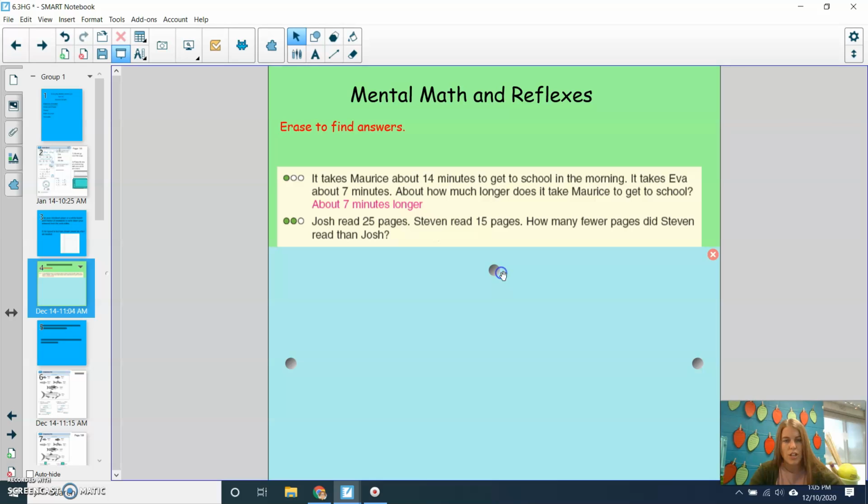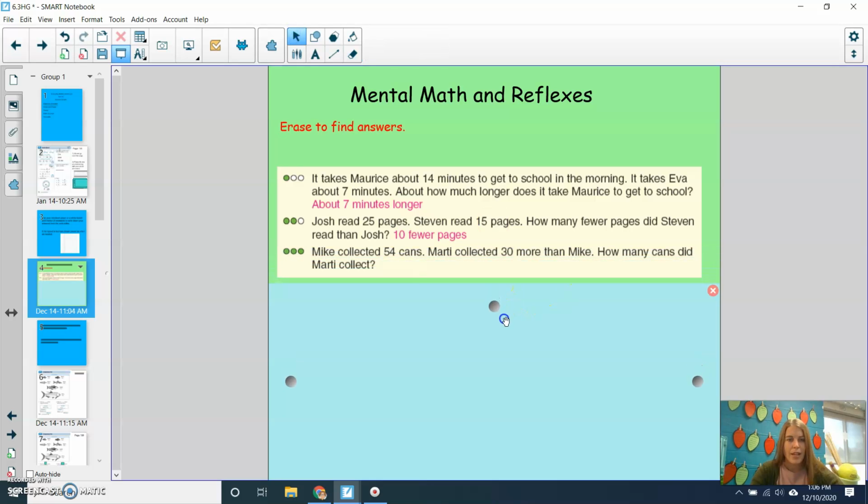For the second one, Josh read 25 pages, Stephen read 15 pages. How many fewer pages did Stephen read than Josh? Press pause and play to check. I know that 25 minus 15 equals 10, so my answer would be 10 fewer pages. We'll try one more. Mike collected 54 cans.